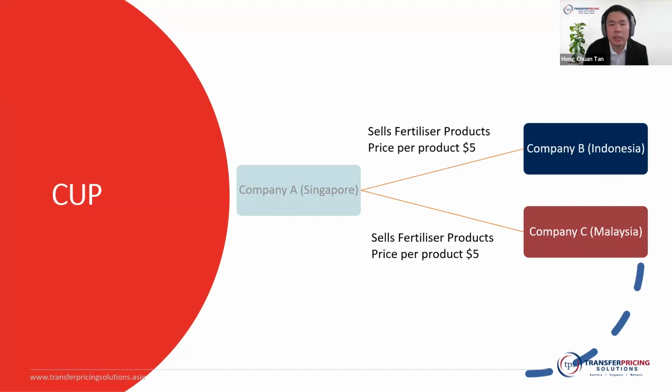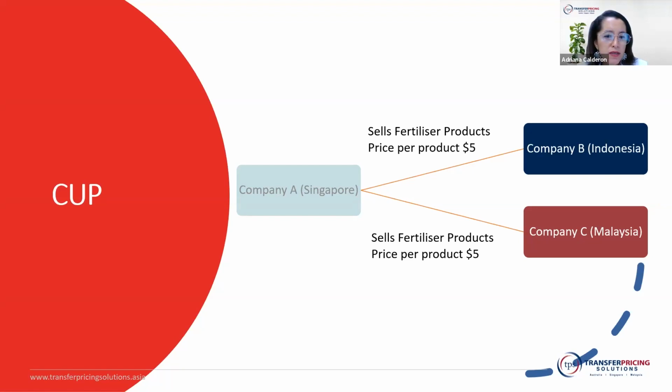That will be a challenge, to ensure that you're using the correct external CUP to compare against, right? So when you look at CUP, you have to make sure that you have gone through the comparability factors correctly before selecting it as your most appropriate method.